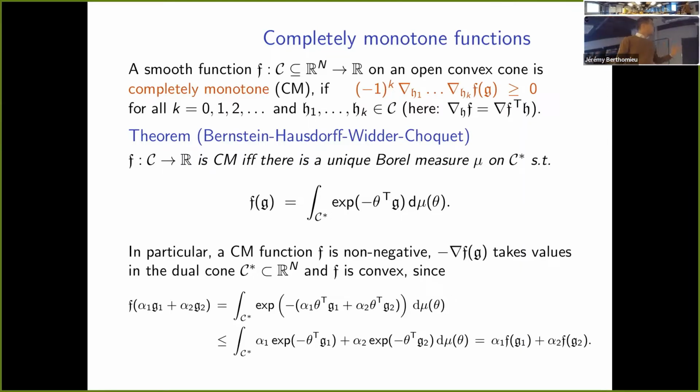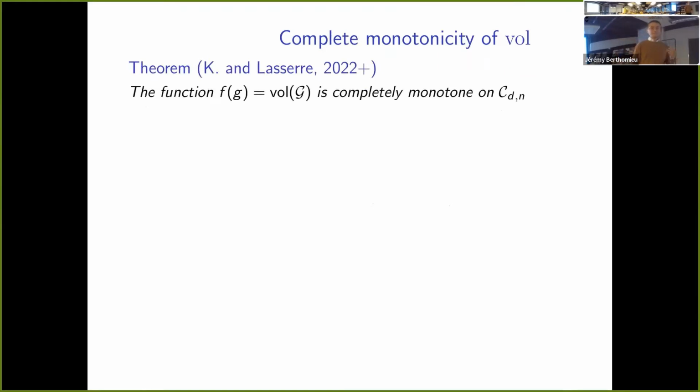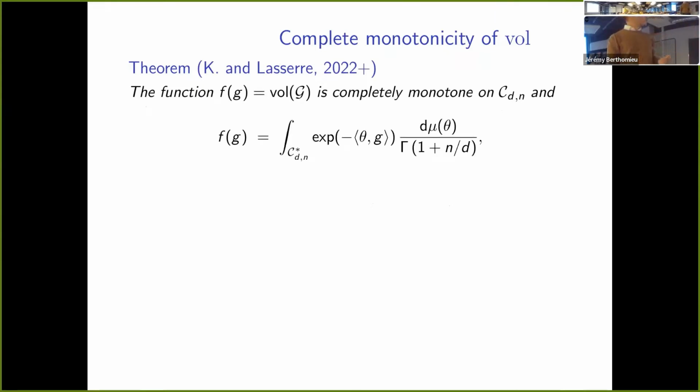Okay, and so as I mentioned in the beginning, we would like to study this phenomenon for the volume function. And indeed, what we proved with Jean Bernard is that this function that associates to any positive definite form the volume of its sublevel set is completely monotone on the cone of positive definite forms. And the integral representation is written here.